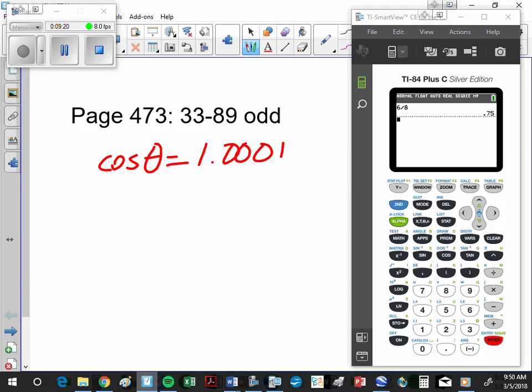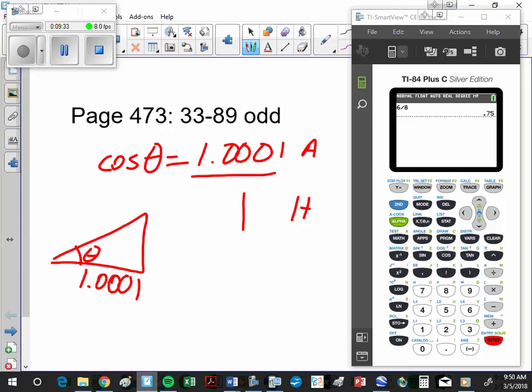Well, let's make it a fraction and let's draw a triangle. Here's theta, so this would be adjacent and hypotenuse, 1.0001 and 1. Not possible, because the hypotenuse has to be bigger.